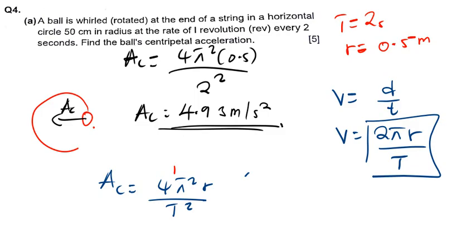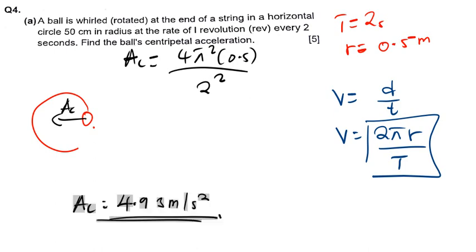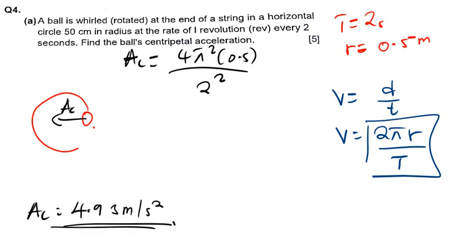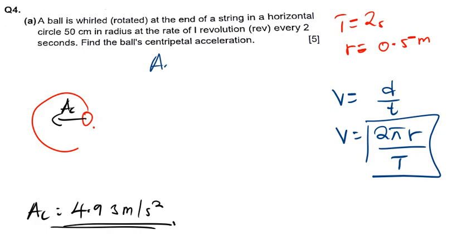Now, in a case where you're having difficulties doing this using that formula, what you can do is, when you come up with this formula, you have v squared divided by r.